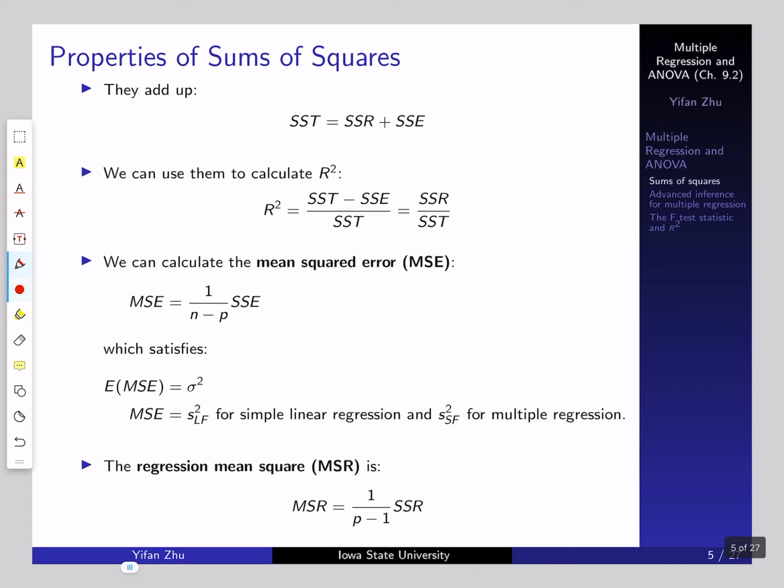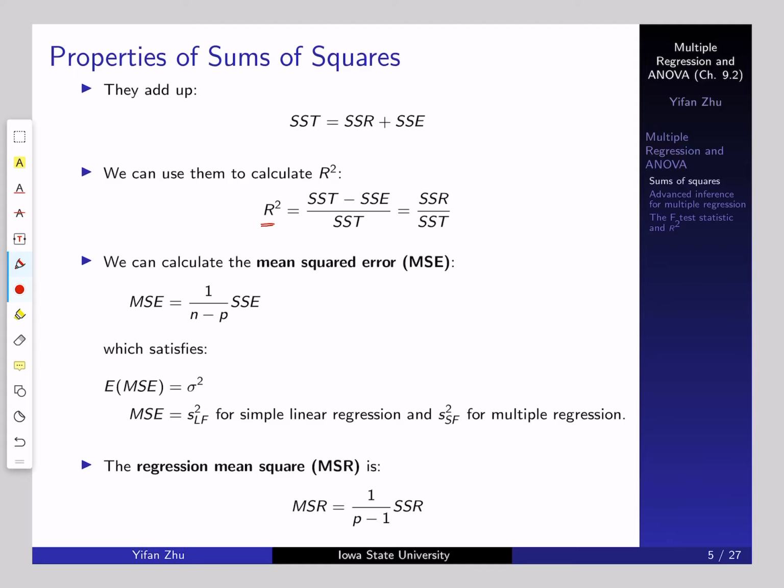And there's a relationship between these sums of squares. The total sum of squares, SST, is equal to the sum of the other two, SSR plus SSE. And remember the definition of R squared. R squared is the proportion of variation explained by the model in the total variation in the response.